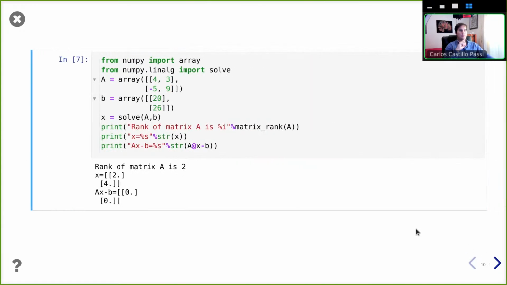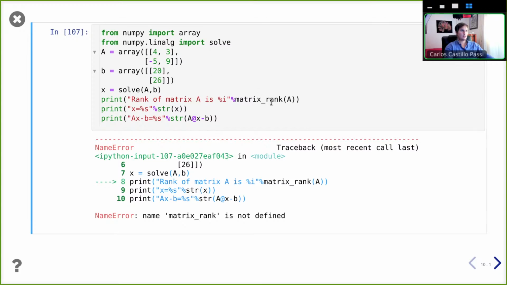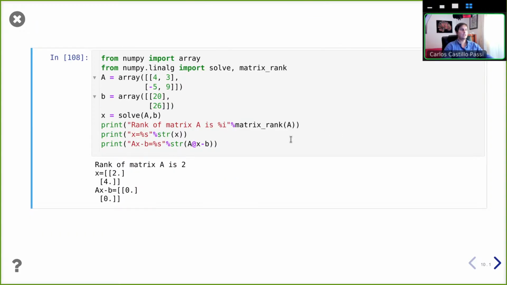Let's see an example. I have a matrix here that is 4, 3, minus 5, and 9. And the result of applying this matrix to a vector x equals 20 and 26. I want to solve for x, and I use here the function solve with the matrix and the vector. Sorry, matrix_rank has not been imported. There.